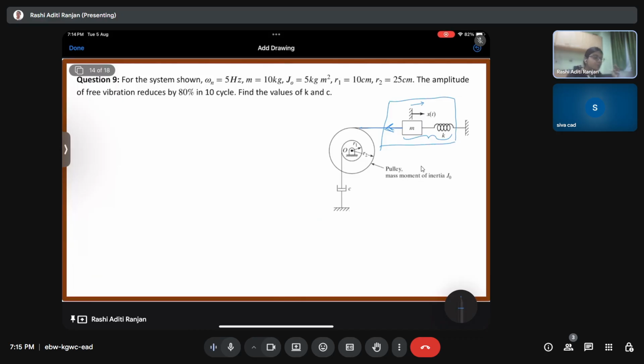However, the spring is going to act in the opposite direction, right? But what is important is that I consider my P, which is the tension, on this side, the left side.